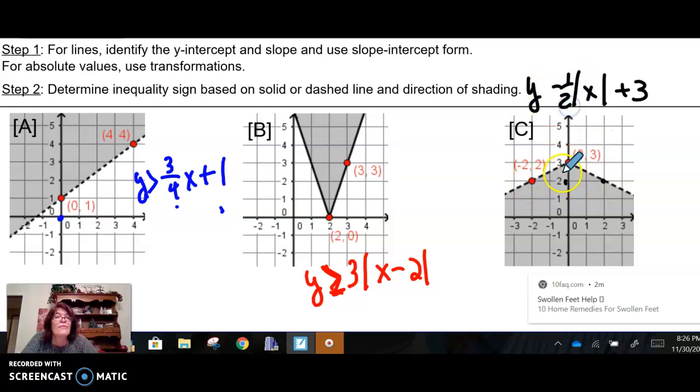So -1/2 because it's opening down. And its y is less than. The y-coordinates that I shaded are underneath the line, right? Y is less than -1/2, absolute value of x plus 3. And I don't put less than or equal to because it's a dotted line. All righty.